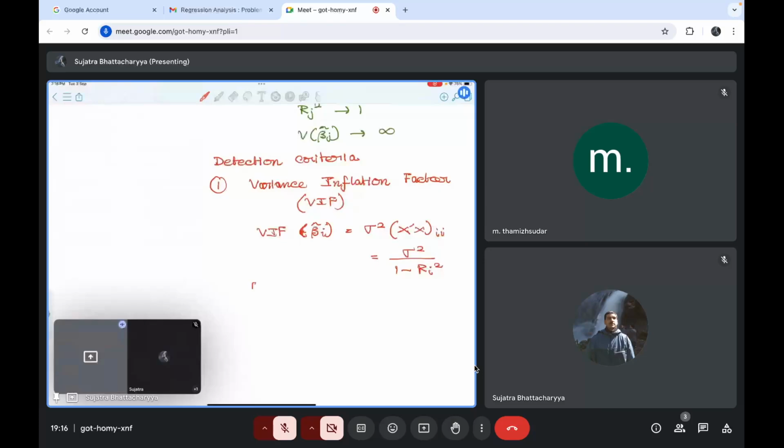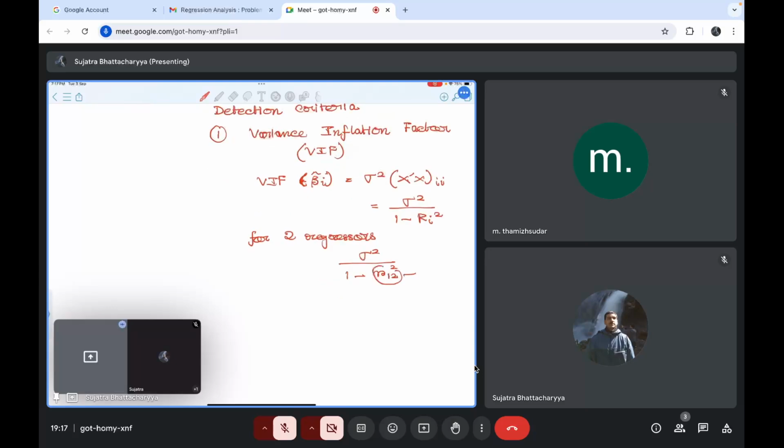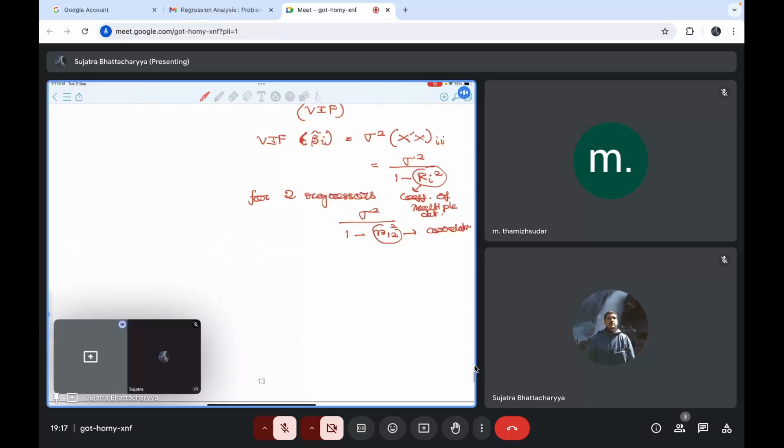For two regressors, the same thing is sigma square over 1 minus R12 square. This is correlation, and this is the coefficient of multiple determination; it has to be calculated the same way. Now, this is actually not the variance equation, this is the variance.